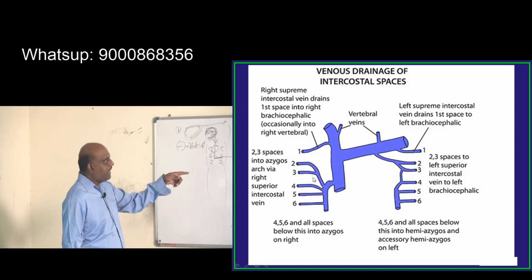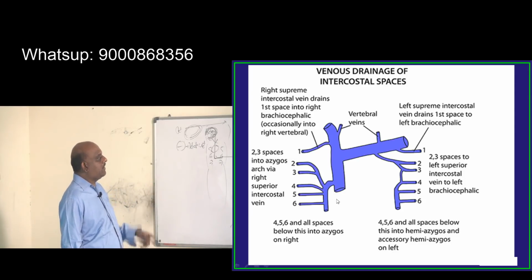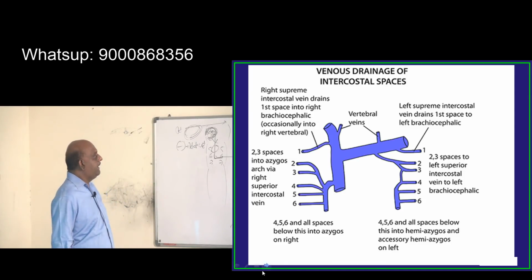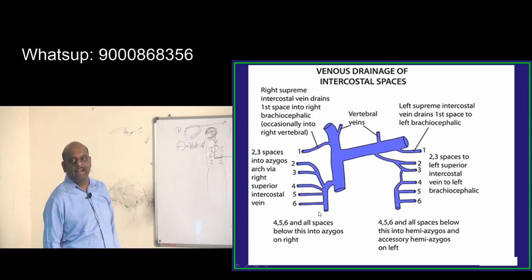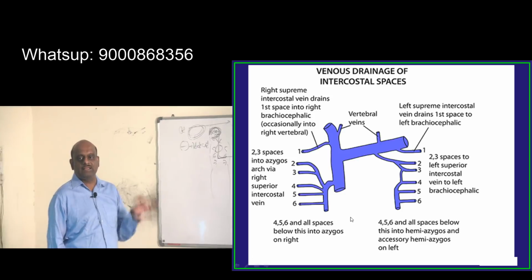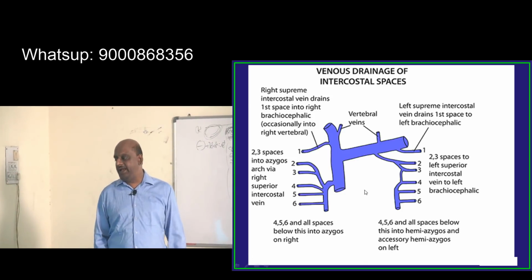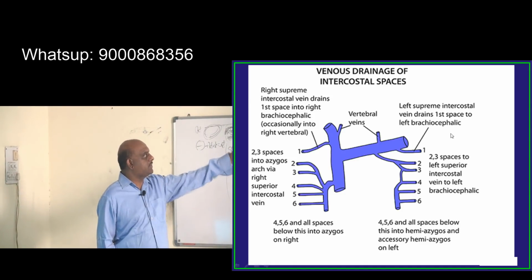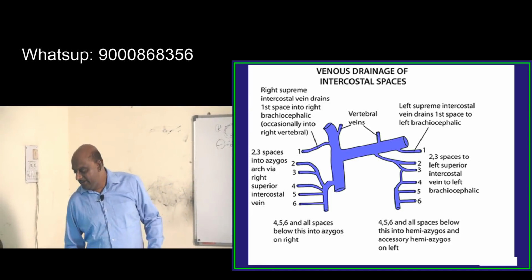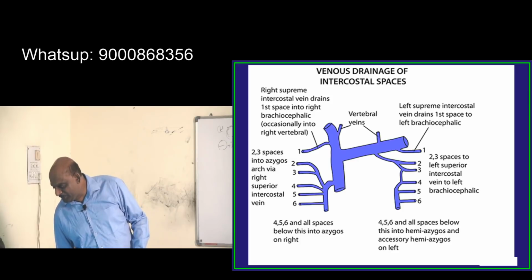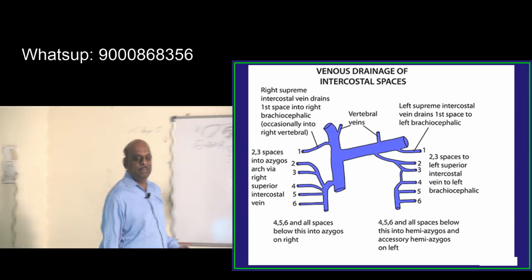So they go into the arch via right superior intercostal vein. Then fourth, fifth, sixth, all will go into the azygous on the right directly. So on the right side it is azygous, left side it is hemiazygous, but first ones always go into brachiocephalic. That is what the examiner is specifically asking. Many times he asked, so there is nothing new about it.